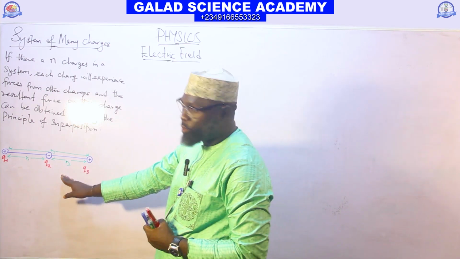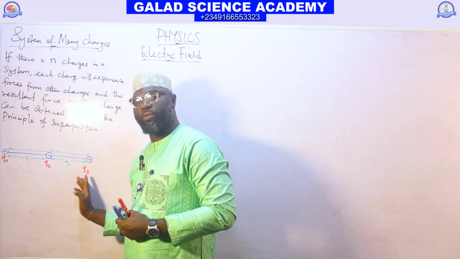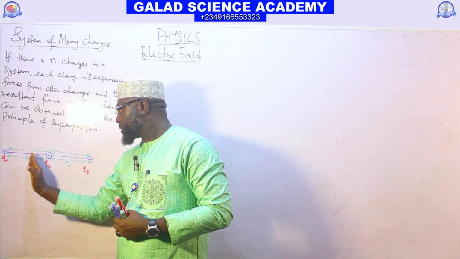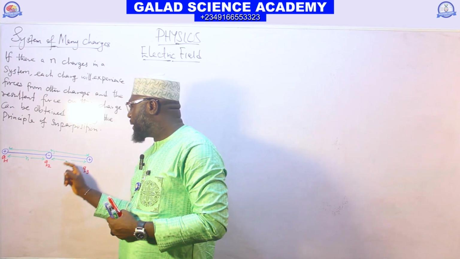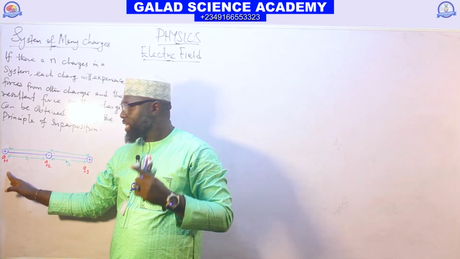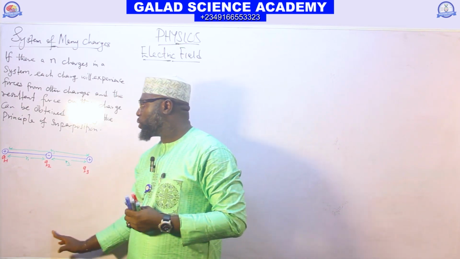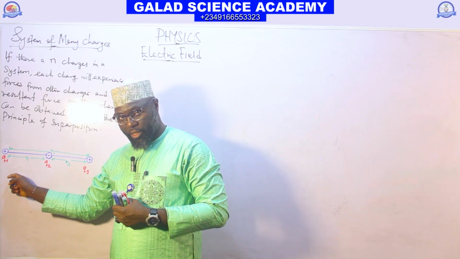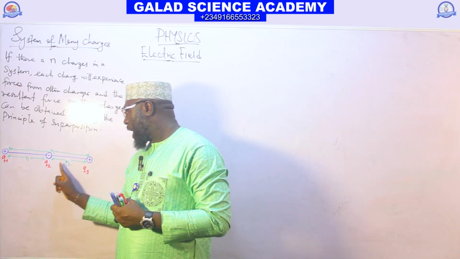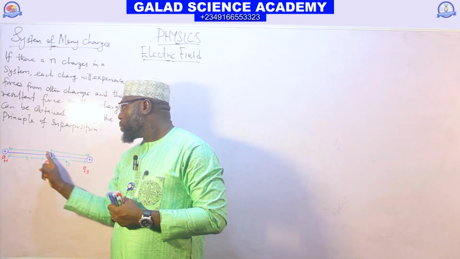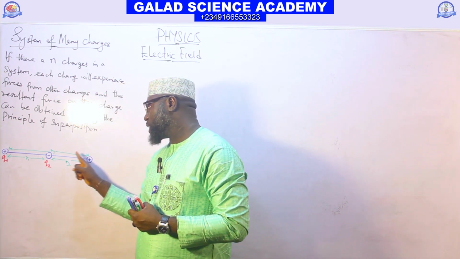This is a good example of a system of n charges. This n means the number of charges we have. How many charges do we have in this system? We have 3: Q1, Q2, and Q3. If Q1 is the origin, the distance between Q1 and Q2 is R1, between Q2 and Q3 is R2, and between the origin and Q3 is R3.